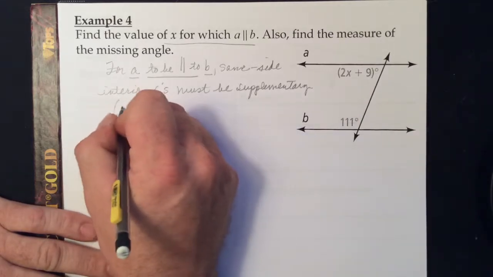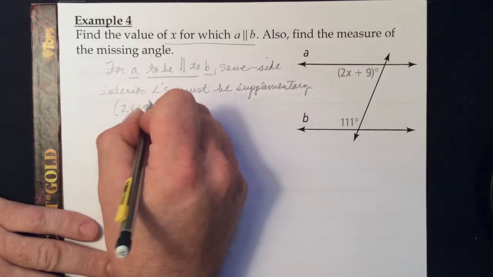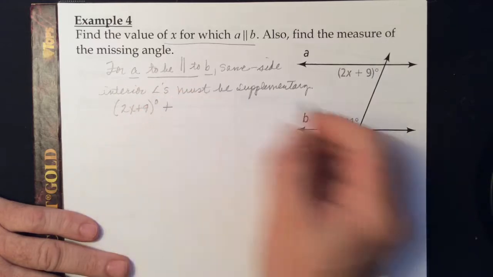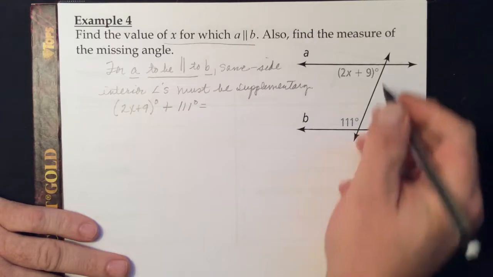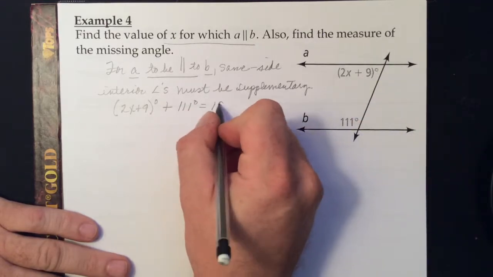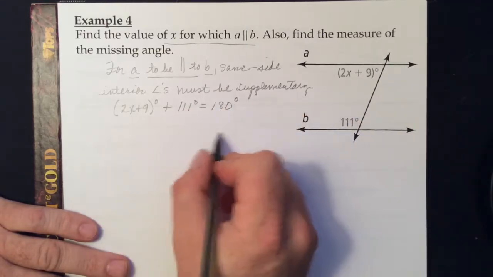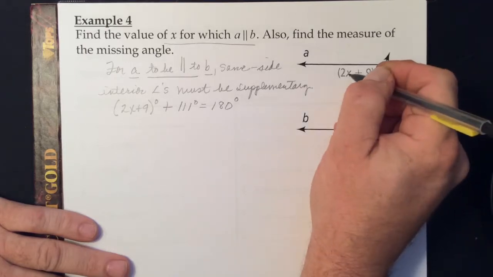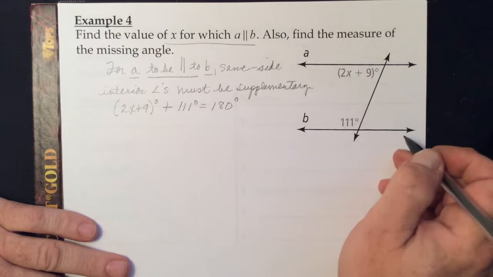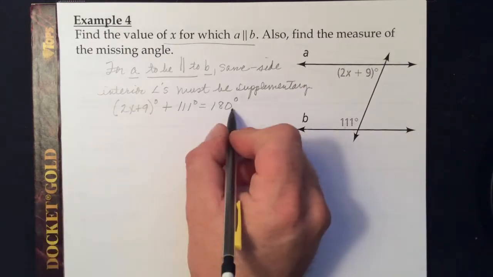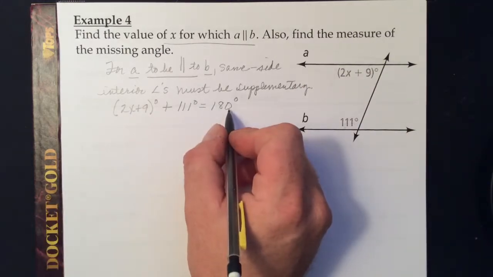So that would mean we'd have 2x plus 9 degrees. We would add the measure of this angle, 111 degrees, and cause the sum of it both to equal 180 degrees. And then whatever we get for x is the value that causes this to be supplementary with that, thereby making these two lines parallel. So solving this equation, we drop the parentheses and combine like terms.